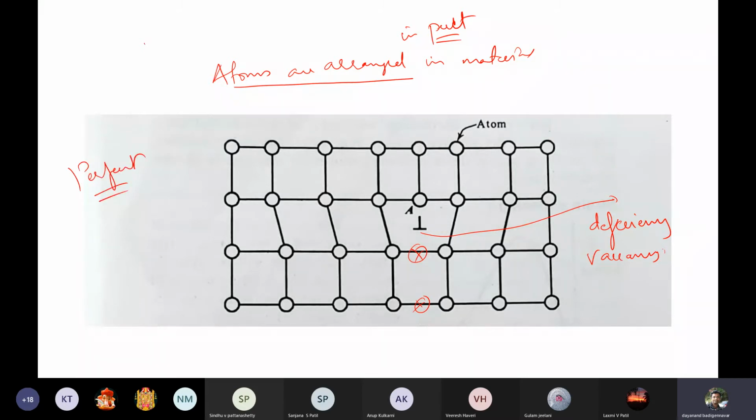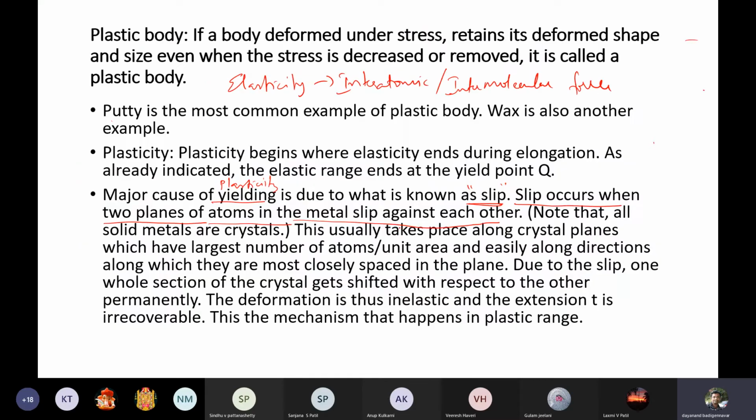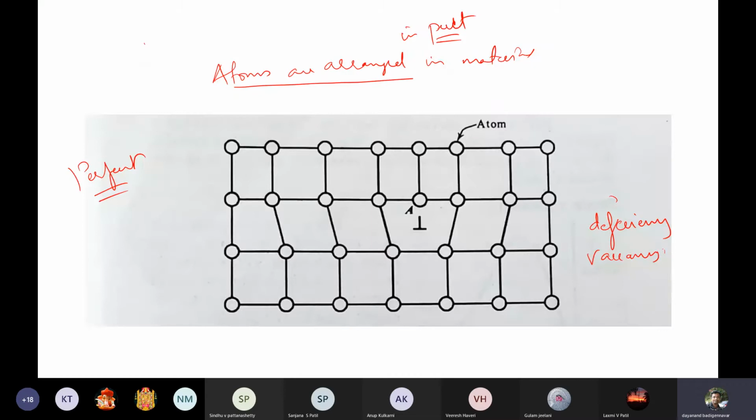But in some materials, what happens is this layer of atoms goes missing. So they are missing it. Once they miss it, there is a deficiency or vacancy that is created. Okay, so there is a deficiency here.